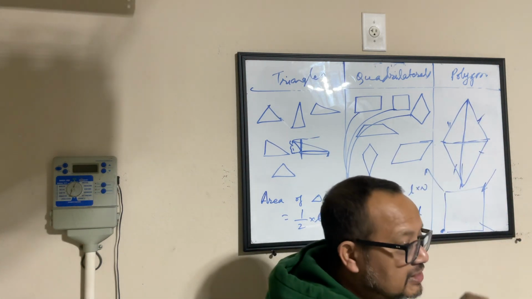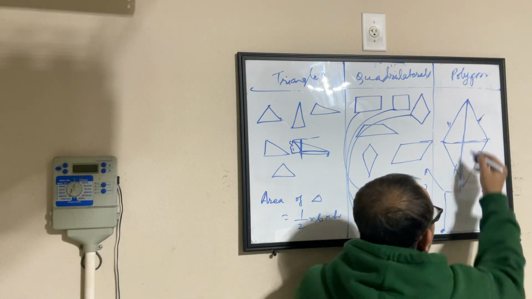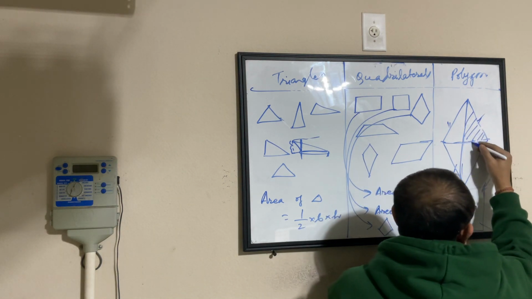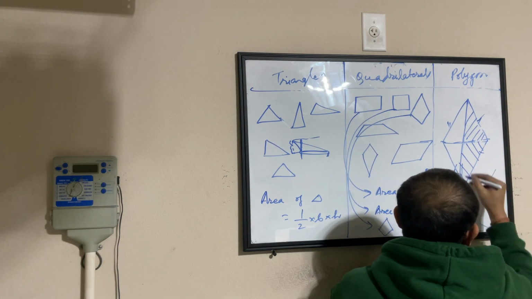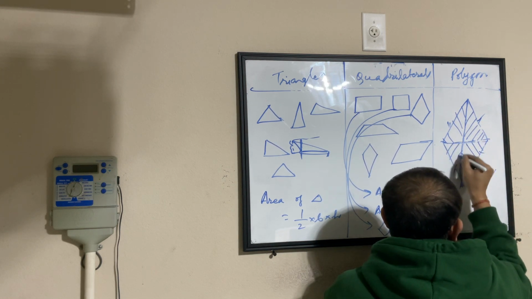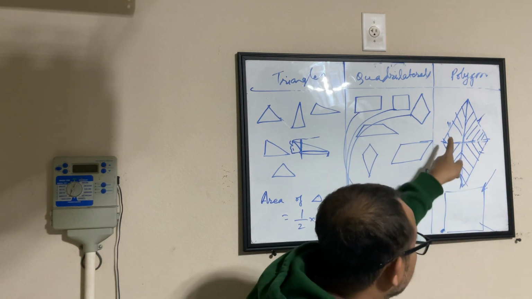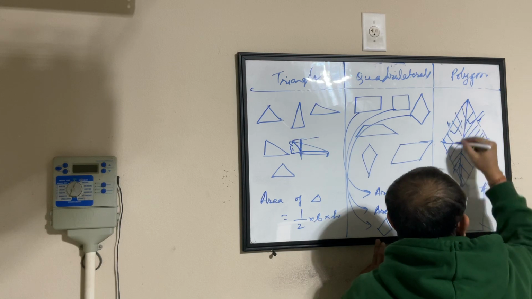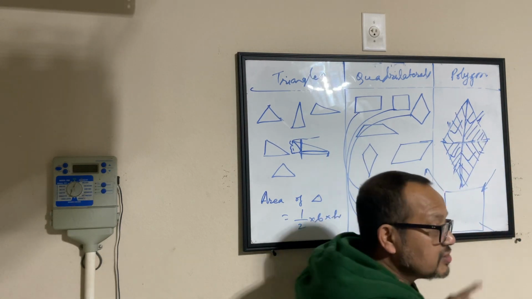Now if you look at this a little carefully, this is one right angle triangle, this is another right angle triangle, this is the 3rd right angle triangle, and this is the 4th right angle triangle. The area of this rhombus will be equal to this area plus this area plus this area plus this area.